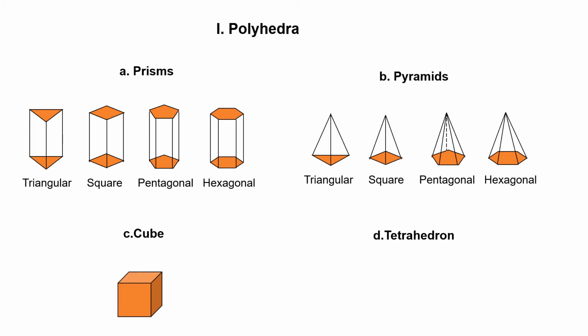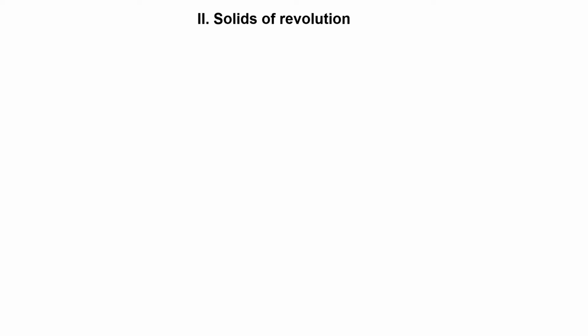Next, the cube. It has six equal side faces. Similarly, the other one, the tetrahedron, has four equal lateral triangular faces. Next is solids of revolution. Let us look at that.